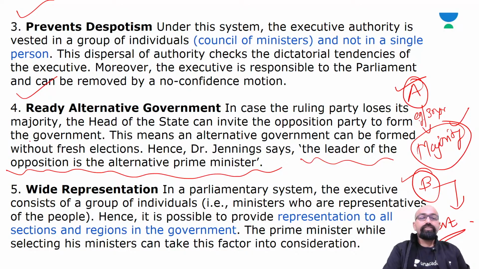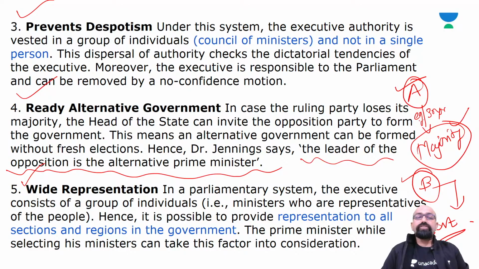Right. Now, the next merit is wide representation. Like in our country, we have diversity in nature, right? So in our parliamentary system, the executive consists of a group of individuals, that is, ministers, who are representatives of the people. And a country like India is vast and diverse, so it is possible to provide representation to all sections and regions in the government under the parliamentary system of government.